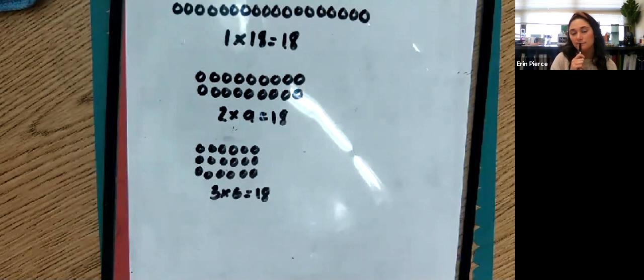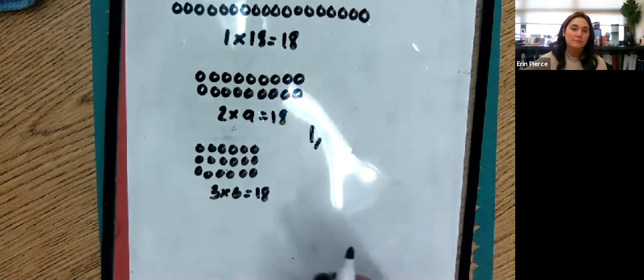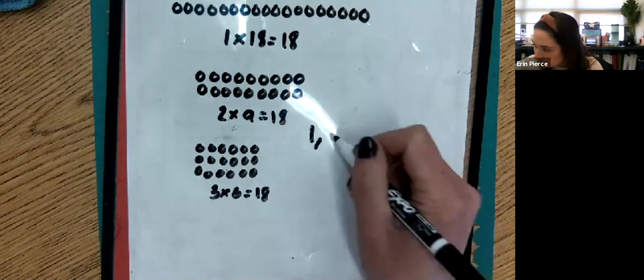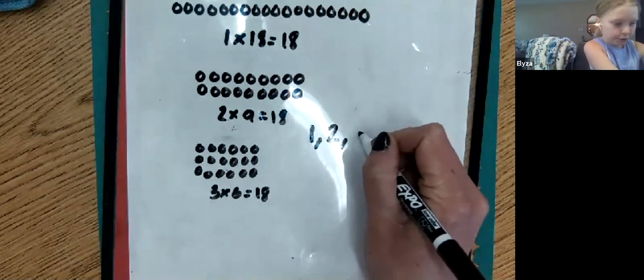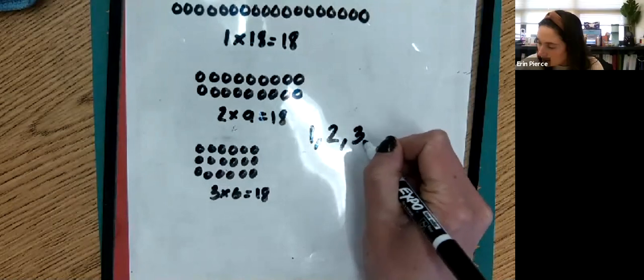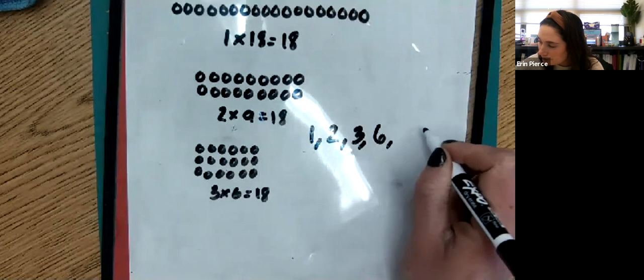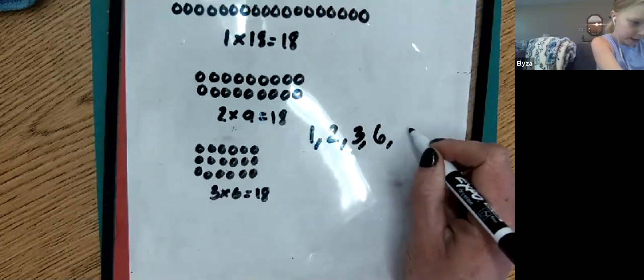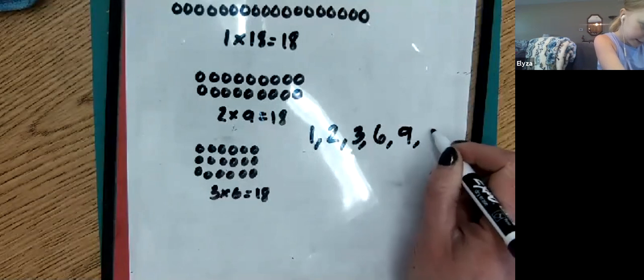Eliza. 1. Then what comes next? Keep going, Eliza. 2, then 3, then 6, yep, then 9, and then 18.